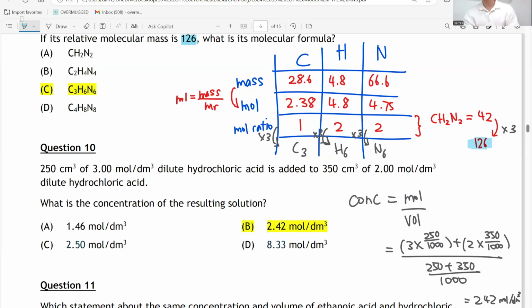If you put all of that correctly, you will get the final answer, 2.42. Okay, moving on.